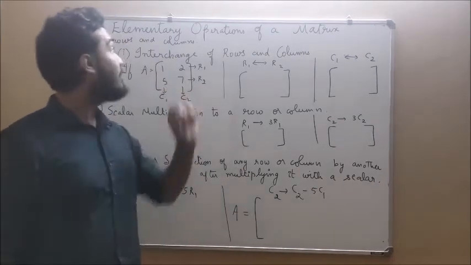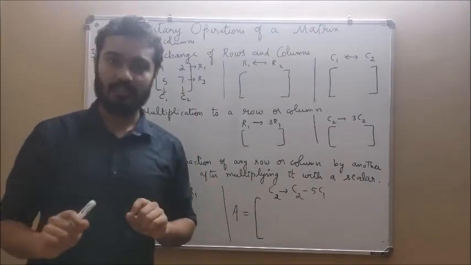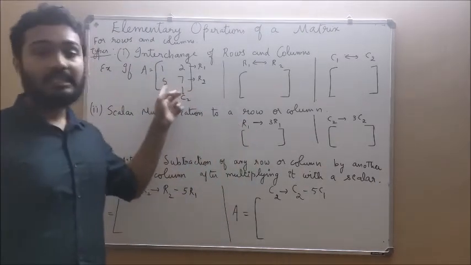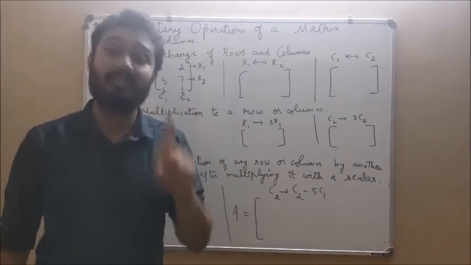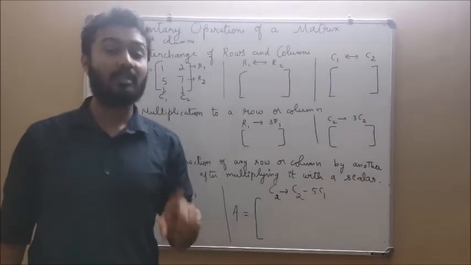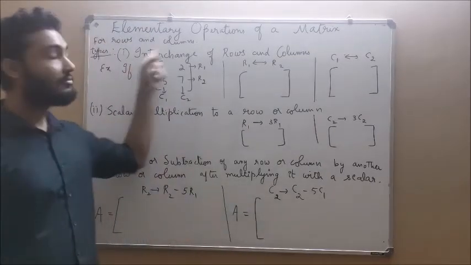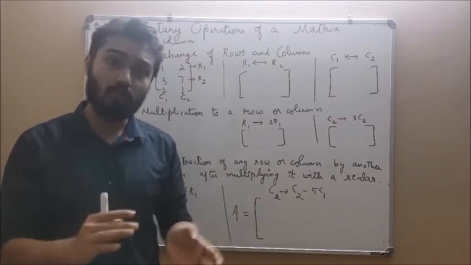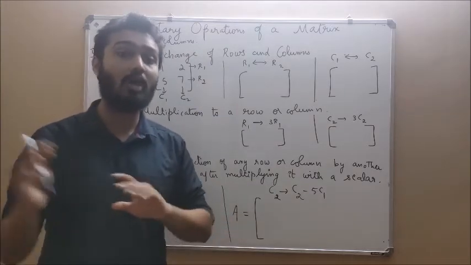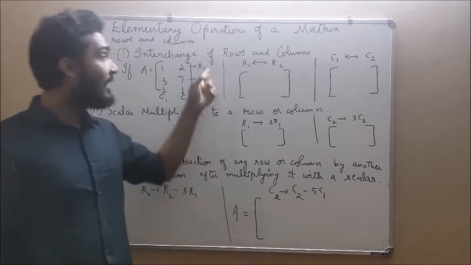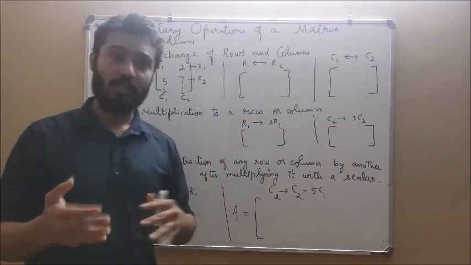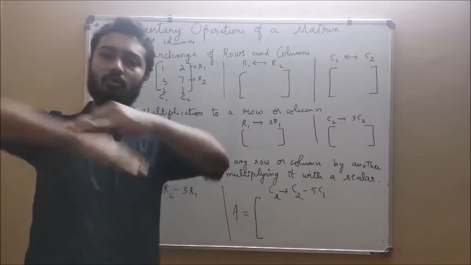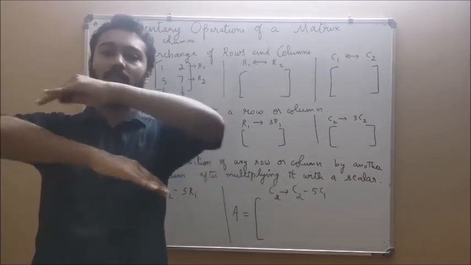Now, in elementary operations, there are three types. So what is the first operation? The first operation is interchange of rows or columns. In interchanging of rows, we are exchanging the position of the rows.